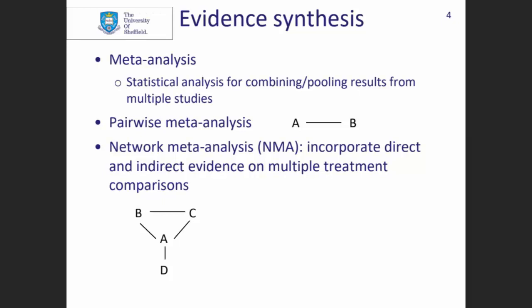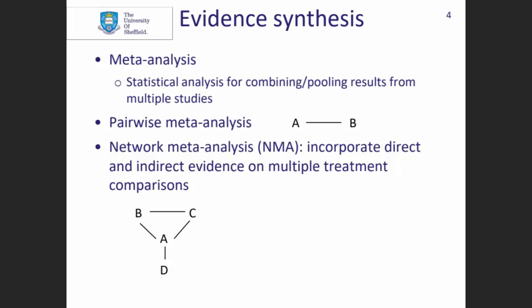The network meta-analysis allows us to incorporate both direct and indirect evidence. So for example, in this network diagram, there is a study directly comparing treatment B and treatment C. So the treatment effect of B versus C could be informed by this direct head-to-head trial.